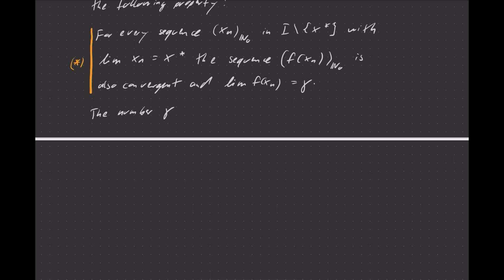So the number gamma is then called the limit of f as x tends to x star, or simply for x to x star.